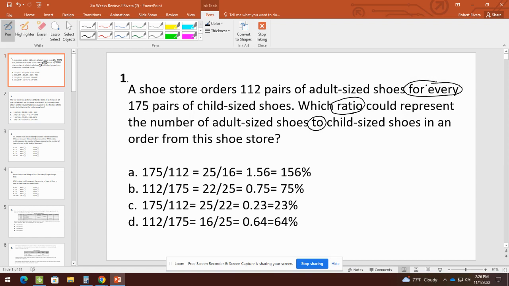Okay? If you ever see these words, to, ratio, or for every, I'm going to create a proportion, but we're going to first start with the words. I'm going to set up my ratio with words. Then I'm going to set up my ratio using the numbers.